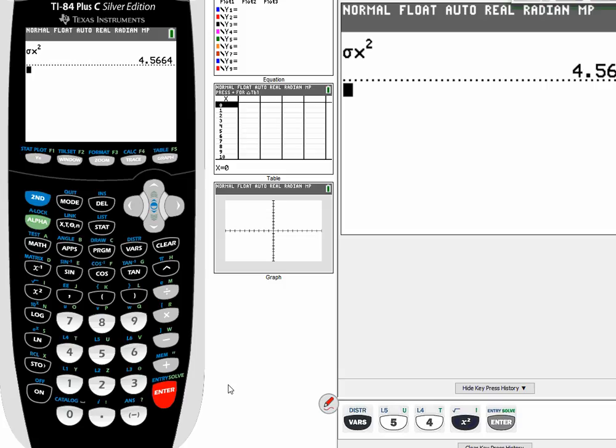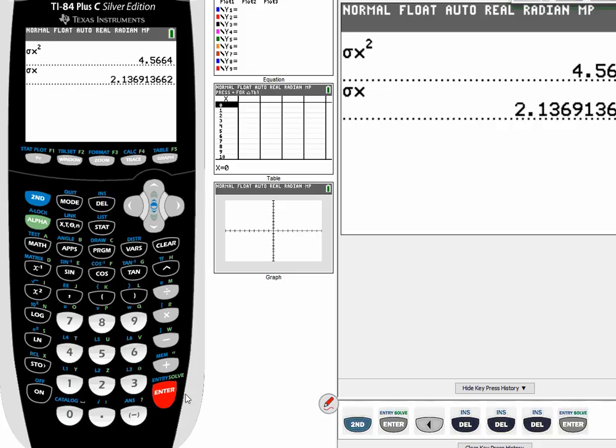Okay, so the thing to be careful of is right now, my calculator, and if it worked the same for you, all of our calculators have a set value for that standard deviation because it calculated the standard deviation.